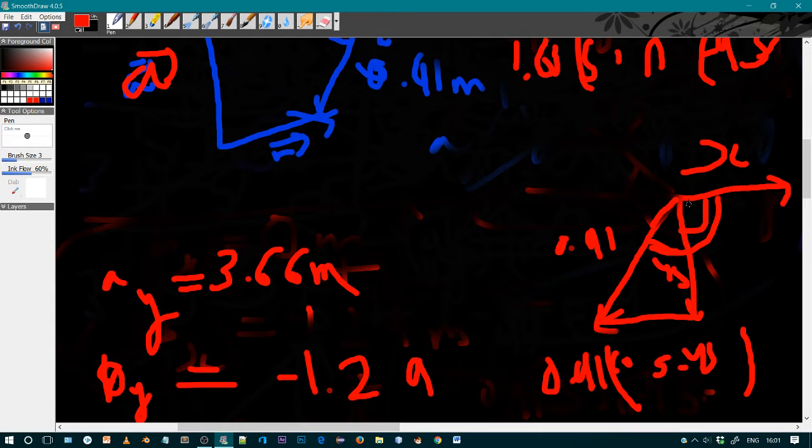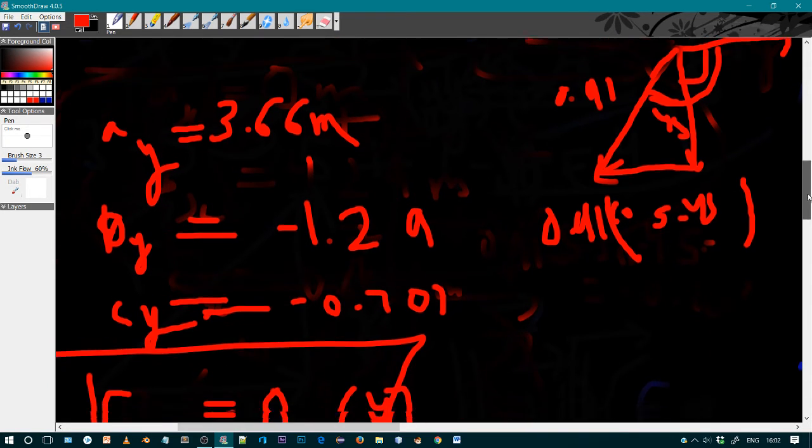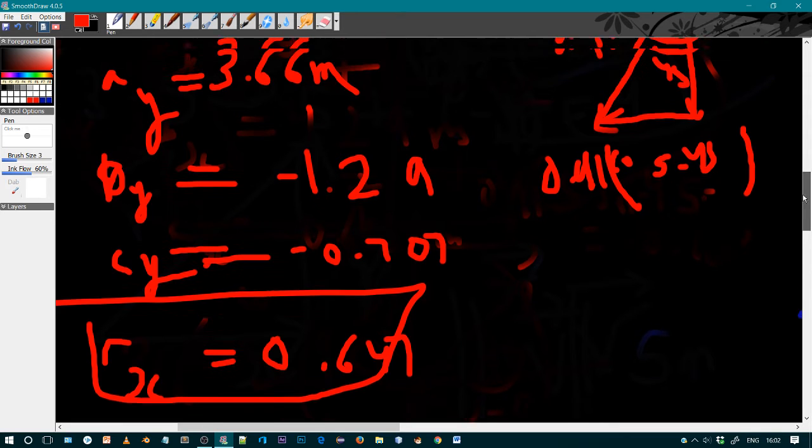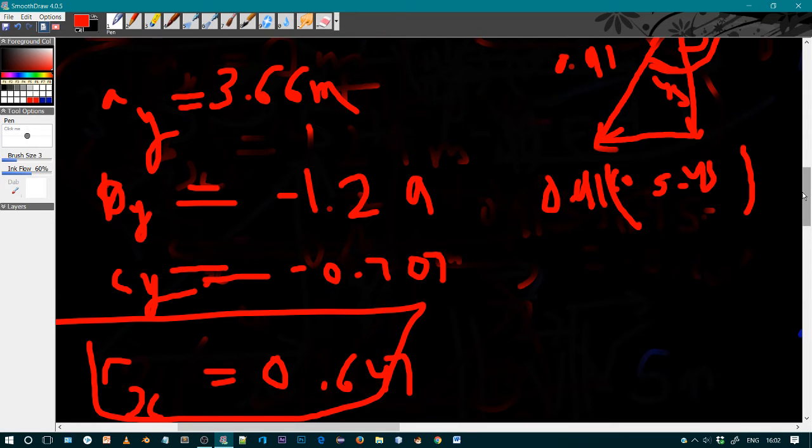So if I had done cos minus 135, I would have gotten a negative value, which means the answer would be the same, but the difference is that I just used some logic. So you can do any type of things.